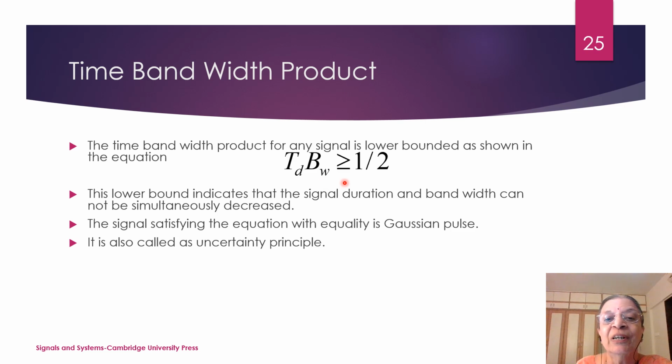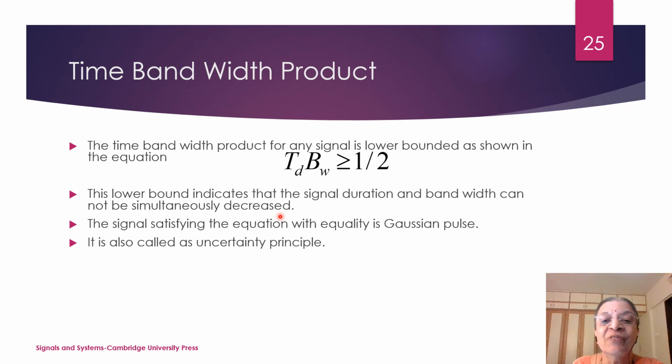It will have a lower bound, not a maximum. This lower bound indicates that the signal duration and the bandwidth cannot be simultaneously decreased. This is the significance. If I go on reducing the time resolution and the frequency resolution simultaneously, it is not possible.